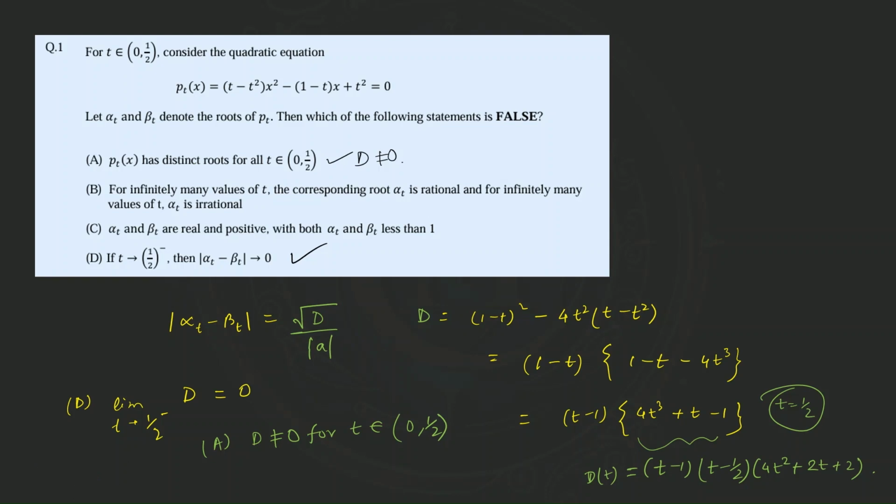Right? So we recall that rational root means that d is perfect square. So if d is a perfect square, we can clearly imagine that the radical sign will be omitted from the overall expression.